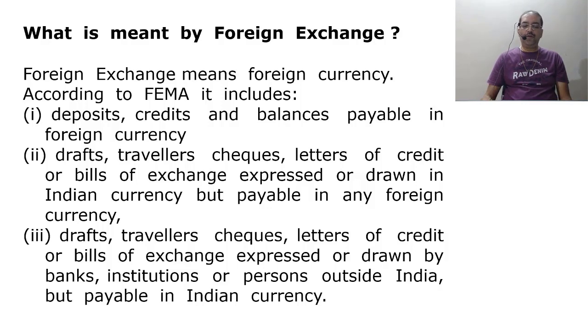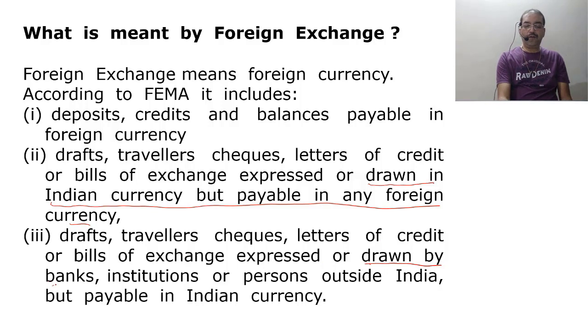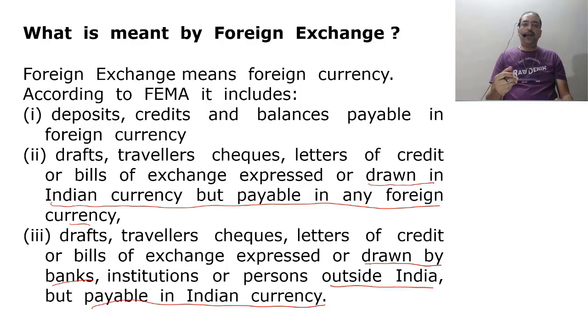Same way, first I'm talking about drawn in Indian currency, payable in foreign currency. Then I'm talking about drafts, traveler's checks, letters of credit, expressed or drawn by banks or institutions outside India, payable in Indian currency. That is also foreign currency for me. A check that is drawn in dollars, a check that is drawn in yen, okay? If it is payable in Indian currency, that for me is a foreign currency check, okay?